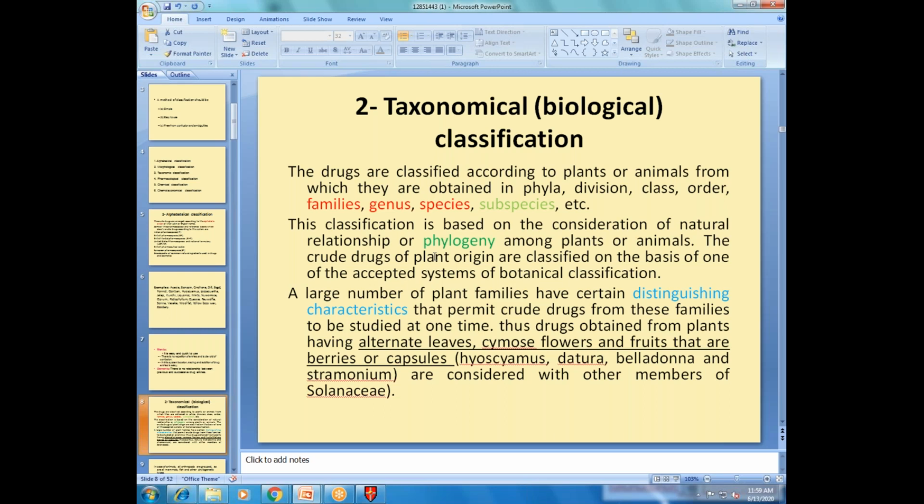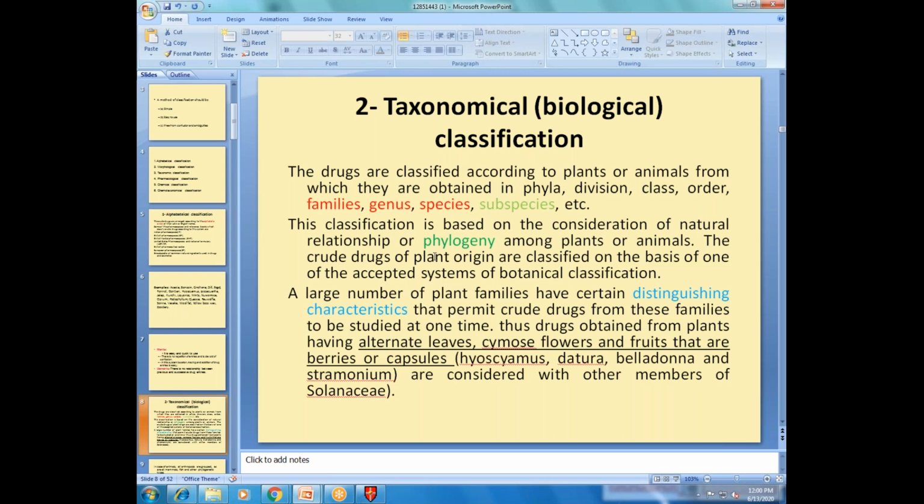Last class I explained the biological source, with genus, species and family. We learned a little of this in the second PU or first PU. This classification is based on the consideration of natural relationship or phylogeny among plants or animals.